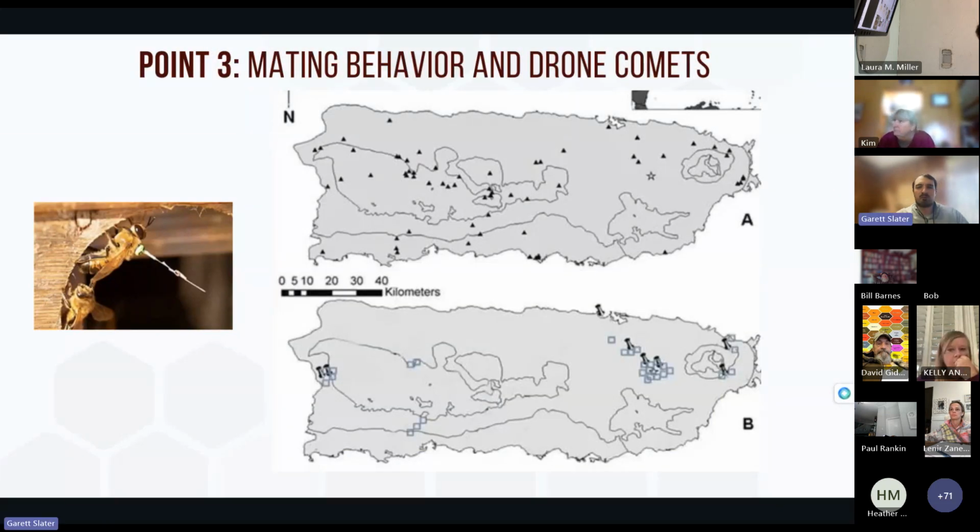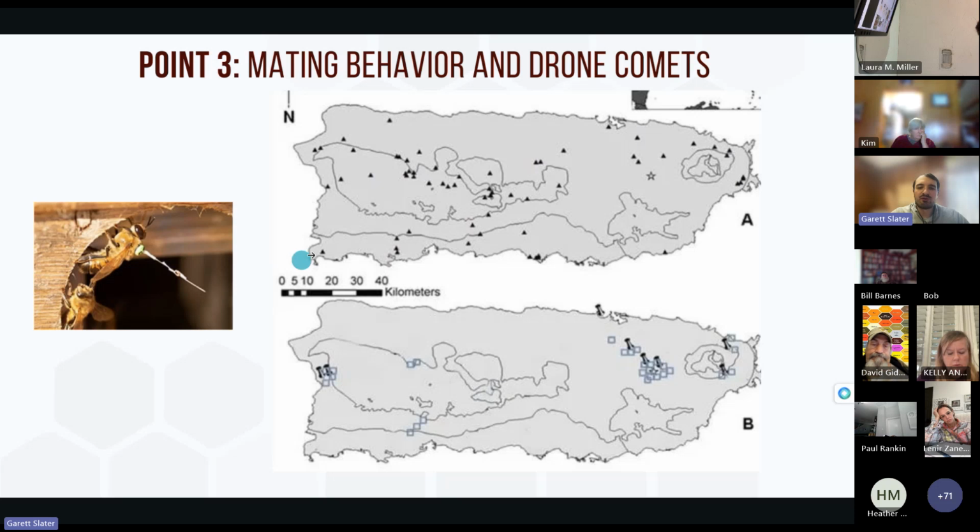So a little bit more about the mating behavior and some of these drone comets. This was a really cool study done in Puerto Rico. One way they tracked drones in these DCAs was through small radio tracking antennas. They put these antennas on the back of a bunch of drones across the island of Puerto Rico, and by triangulating where the drones were flying, they could see not only how fast the drones are flying, but where they were mating.